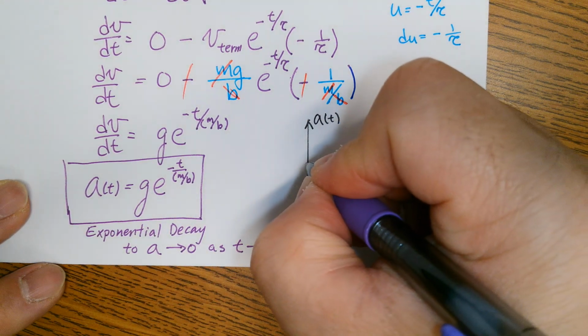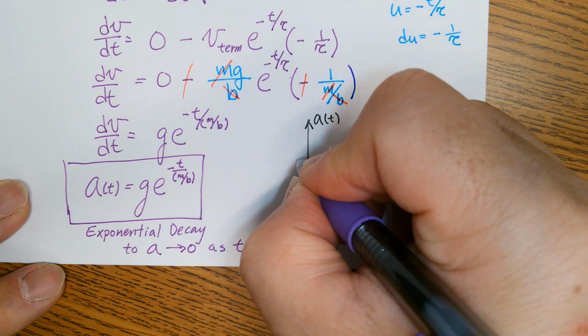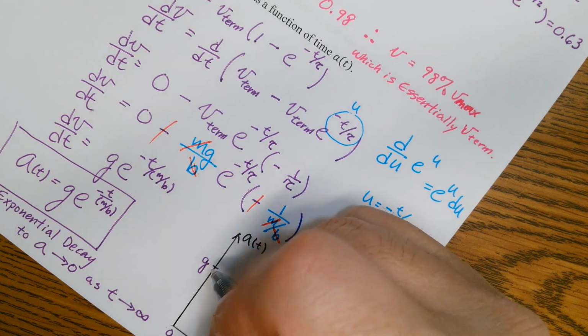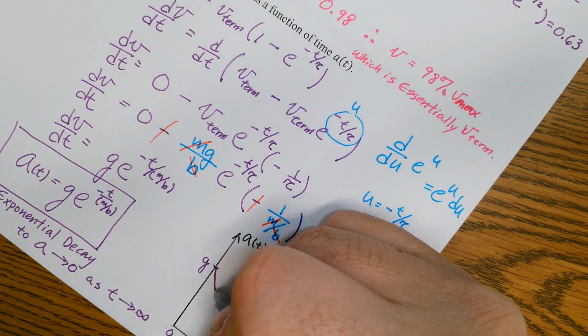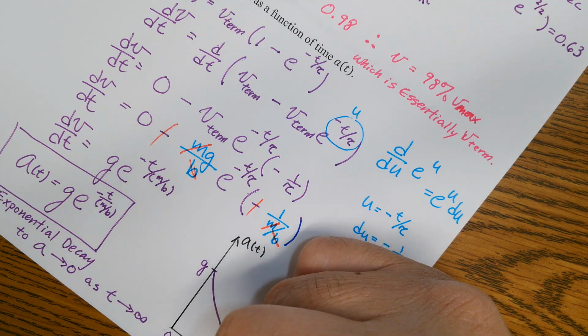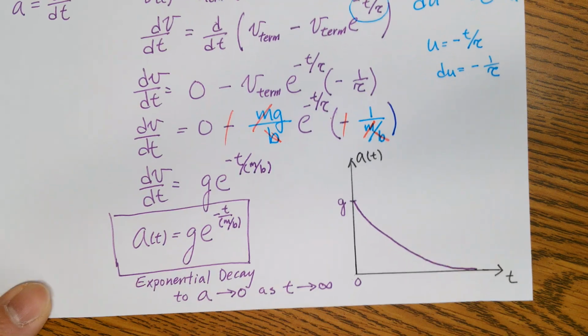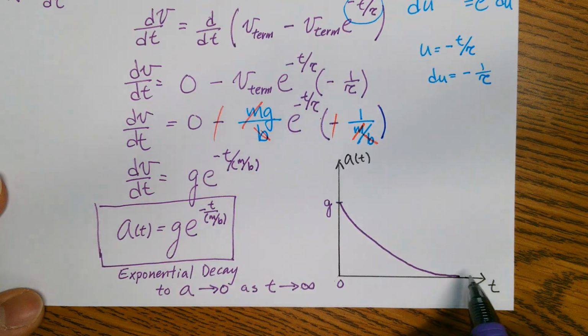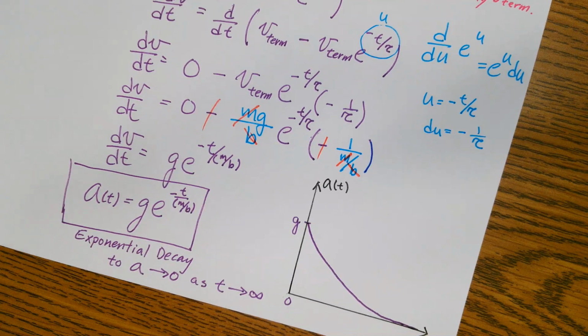So when t is equal to 0, my acceleration is g. Then it will decay to 0 as it approaches infinity. Okay. Like so.